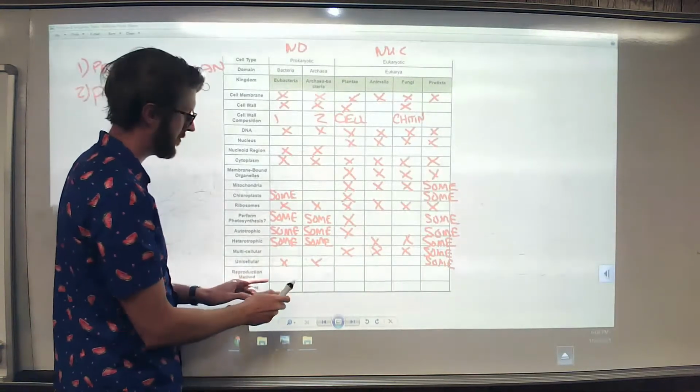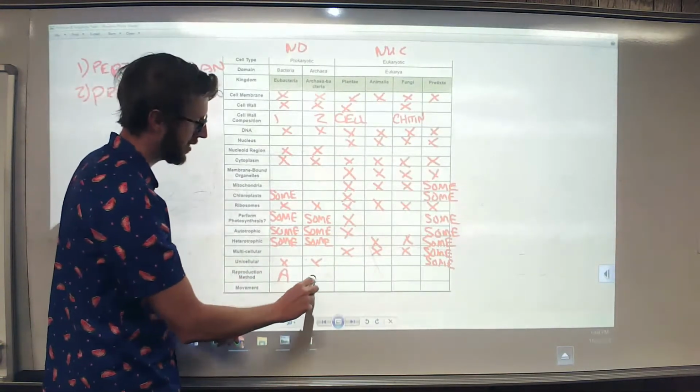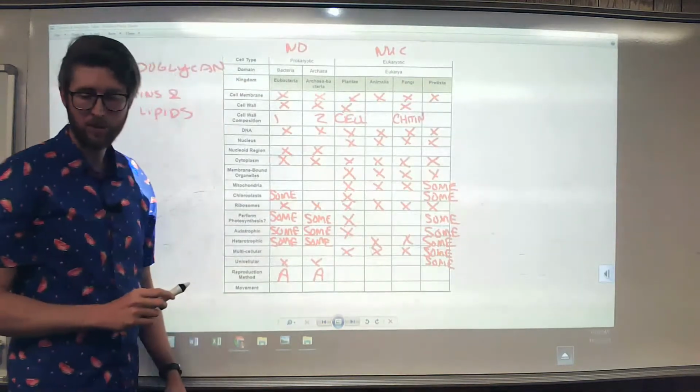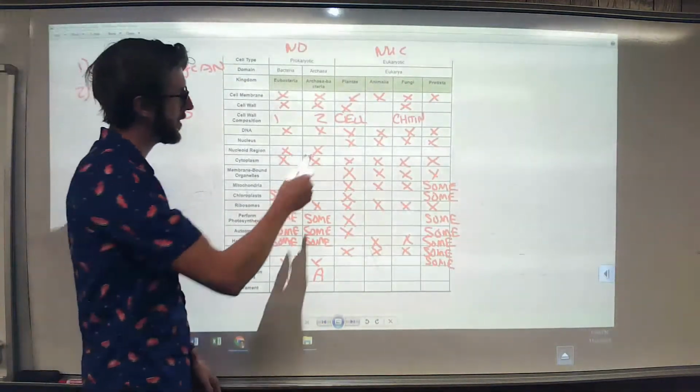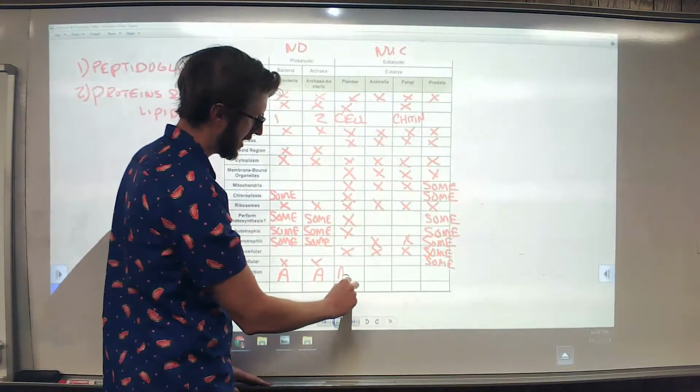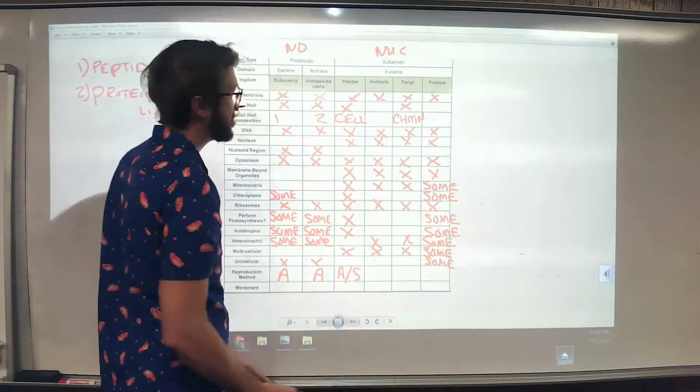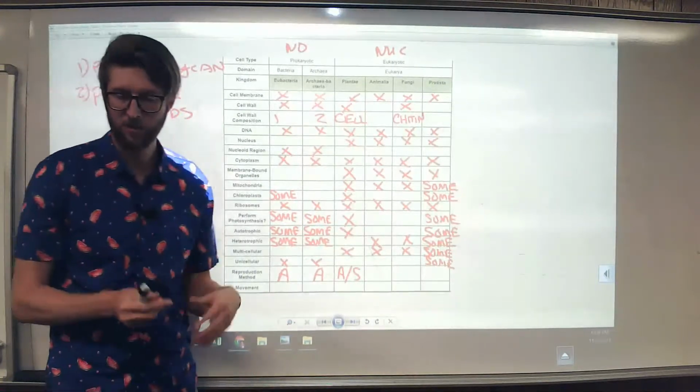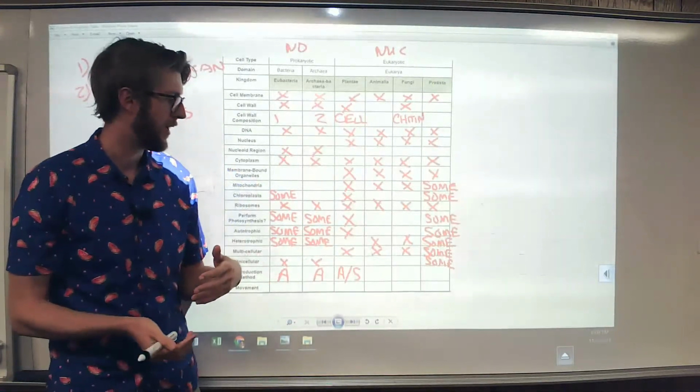So bacteria, they both reproduce asexually, okay? Plants, well, plants can be either, they can either reproduce asexually or sexually, okay? So some plants can reproduce by themselves.